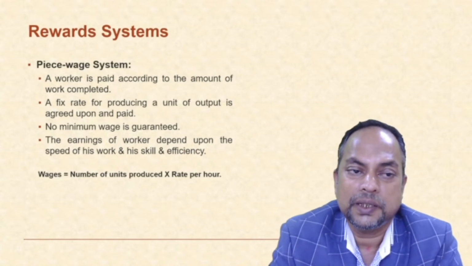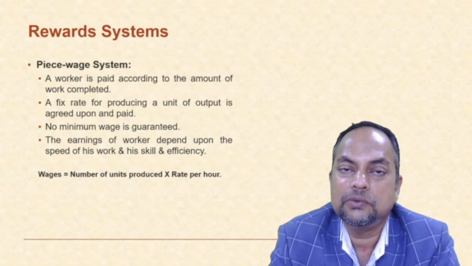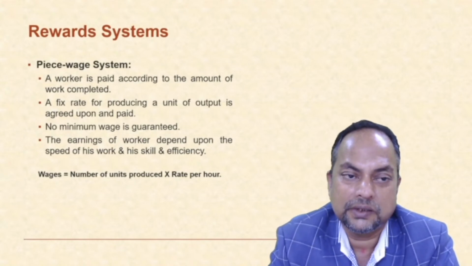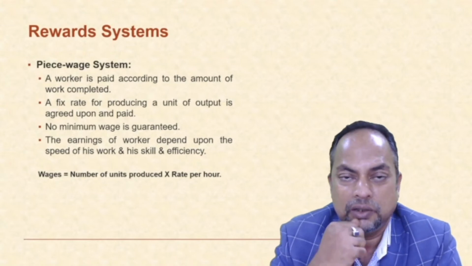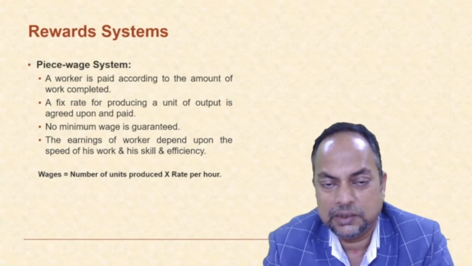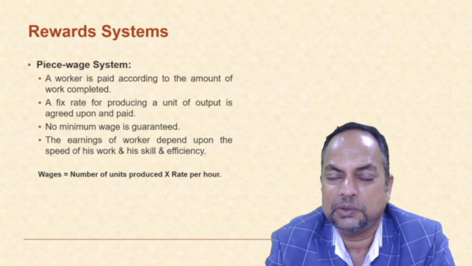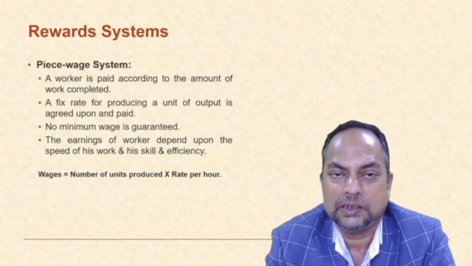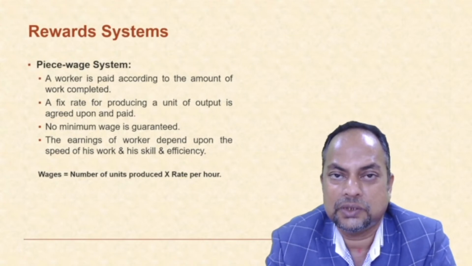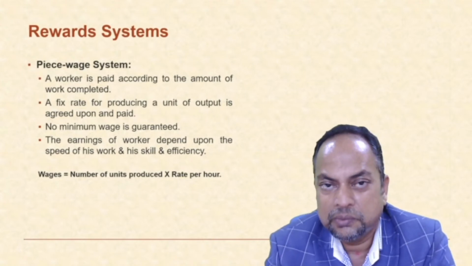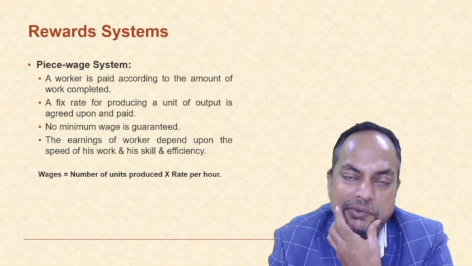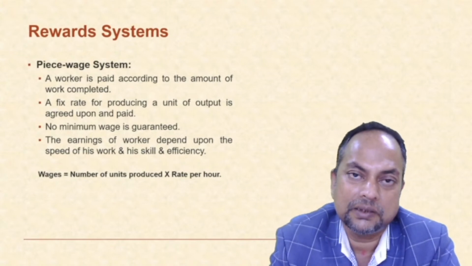So a worker is paid on the basis of the amount that he completes, right? So how it is done? Like we do see in the time-based system, through proper job evaluation and different sorts of scientific studies like time study, motion study, process study, you are fixing up a minimum amount which is to be given to the worker as compared to the time spent for that particular job.